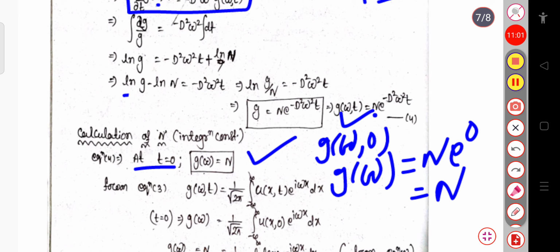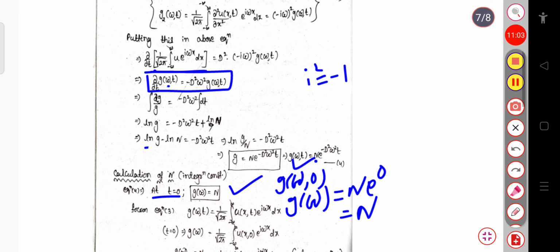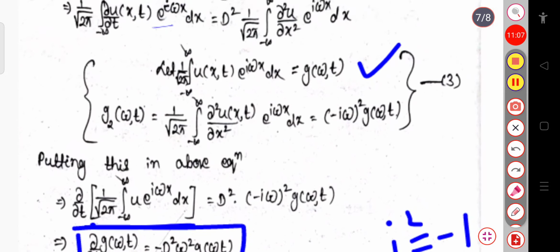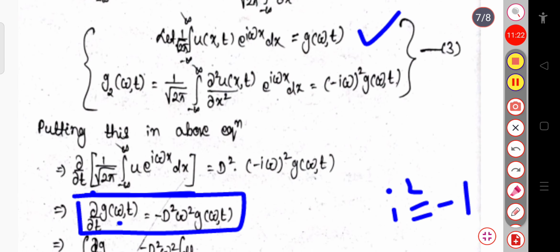Clear? But from equation 3, we have considered g of omega t equal to 1 by root over 2 pi integration over minus infinity to plus infinity u of x comma t into exponential i omega x dx.